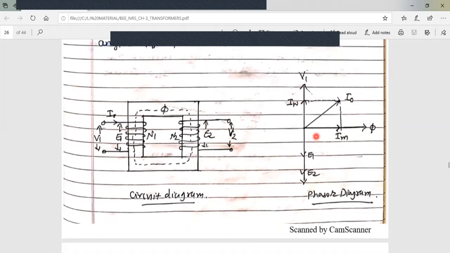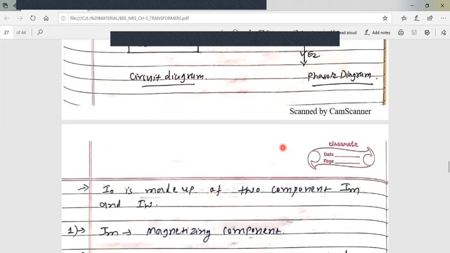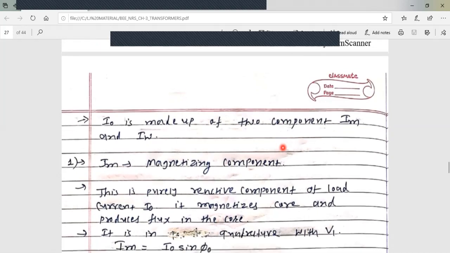This is the phasor diagram. We can see from the phasor diagram that this is the flux phi produced by the primary winding. Here is I0, which is the no load current. This current has two components, Im and Iw. Here we know that E1 and E2 are the EMFs produced by the primary and secondary winding. I0 has two components.